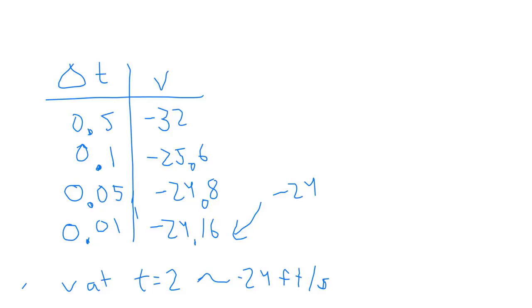Essentially the question is asking you to find the average velocity at specific changes in time. So this is 2 plus, 2 plus, 2 plus, 2 plus.